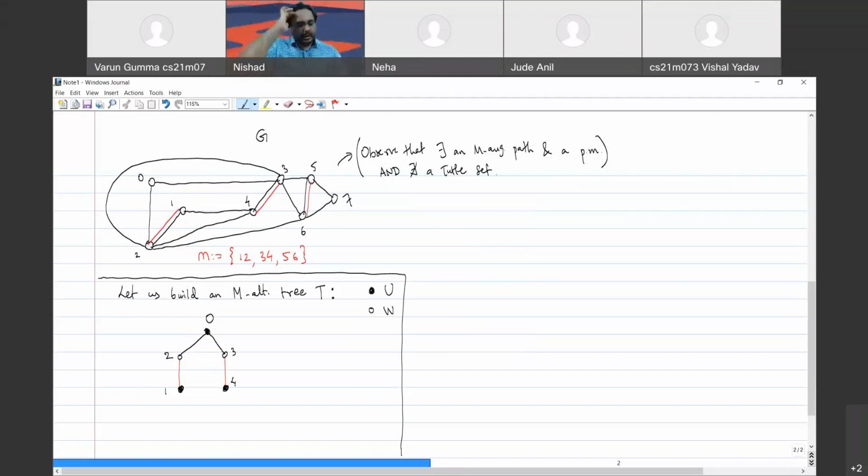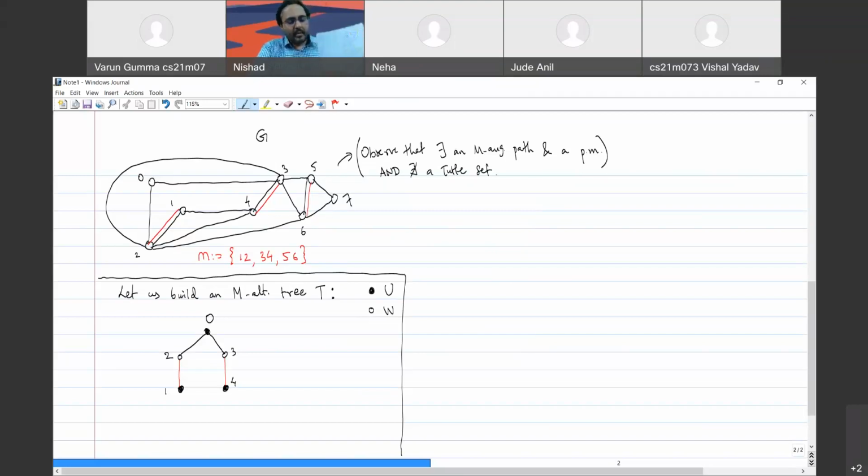Now let us see what we can do. So again, we want to build the tree further by looking at the U vertices and see if they have any neighbors outside the tree. So 0 has only 2 neighbors in the graph G, 2 and 3. They are already in the tree. 1 has 2 neighbors, 2 and 4. They are already in the tree. And 4 has neighbors 1, 2, and 3, and all 3 of them are already in the tree.